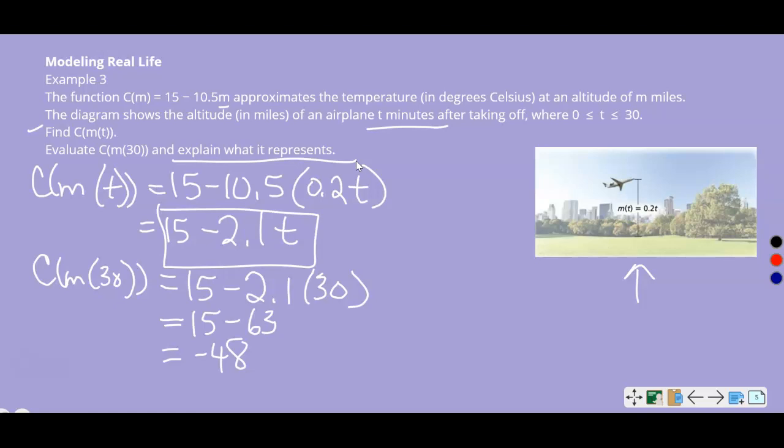So what that indicates is after 30 minutes, the airplane is at an altitude that has a temperature of about negative 48 degrees Celsius. So after 30 minutes, the plane is flying at an altitude that has a temperature in Celsius, so it'd be negative 48 degrees Celsius.